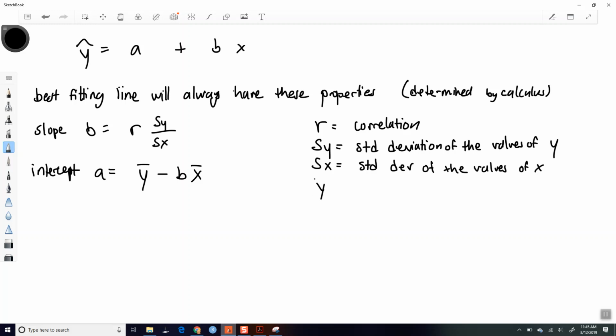Y bar is the mean of y, and x bar is the mean of x. And because the intercept uses b as part of its equation, you need to find the slope first.